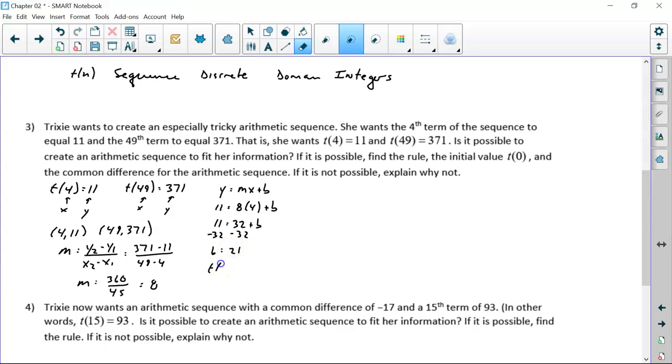So it's telling us that T of 0 equals -21. That's our initial point. So using that, we're going to write our sequence. Instead of writing y equals mx plus b, T of n equals m, which is 8, n plus b. There is our rule for that sequence.